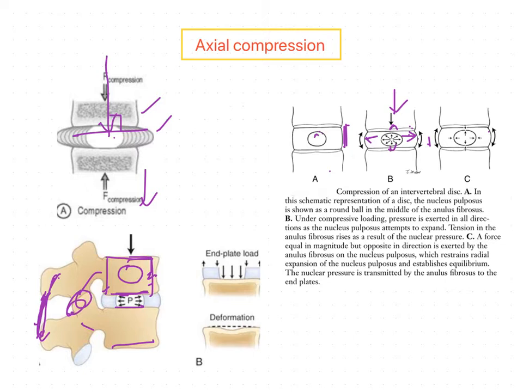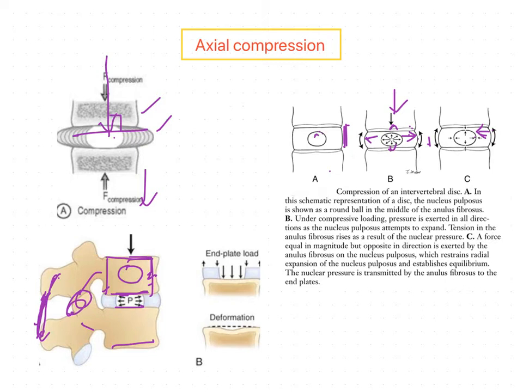The force of the nucleus on the annulus and the annulus on the nucleus form an interaction pair. The annulus gives an equal and opposite force against the nucleus pulposus, forming an interaction pair.